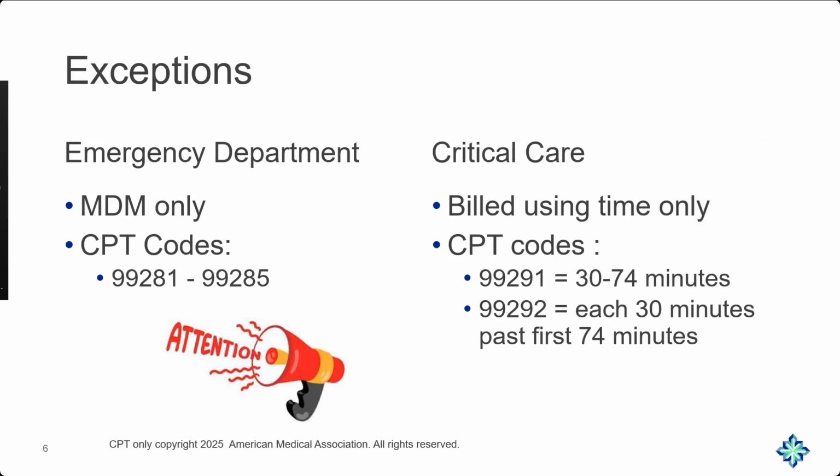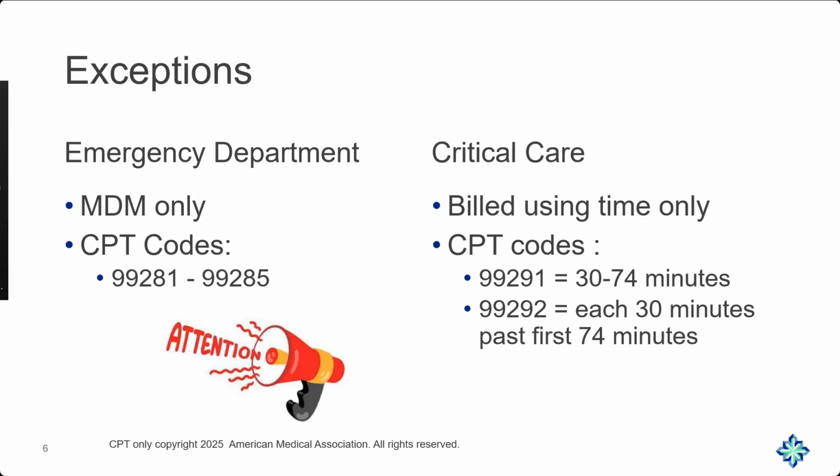The other is critical care. This is an exception. This is not something where you will use MDM. Critical care is considered a higher level of medical decision making anyway, and so it is reimbursed based on that, and it is dependent upon the amount of time.